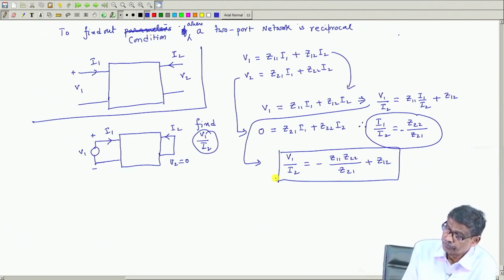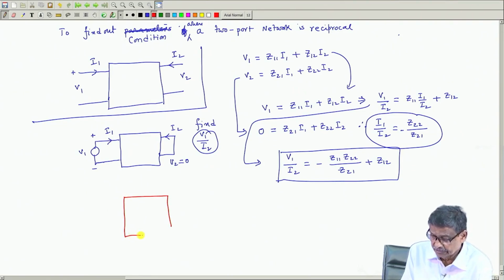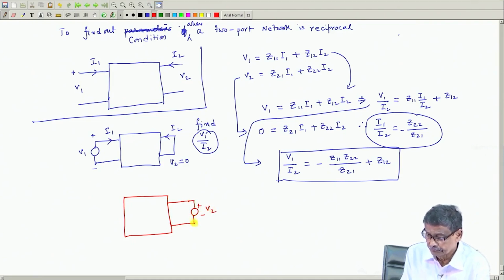Then I have to go to the other situation. If we claim this network is reciprocal, I will excite this port with a voltage V2, this current is I2, and this port I will short, and this current is I1.